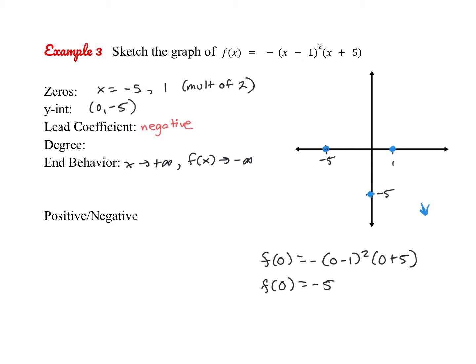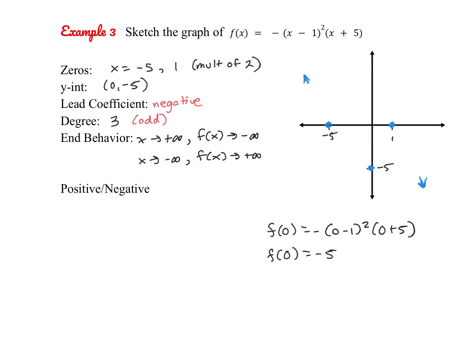We have 3 zeros. So we're going to say the degree is 3. So when our degree is odd, remember our end behavior is opposite. So as x approaches -infinity, f of x will approach positive infinity. So I'm going to draw a little arrow to remind me. So again, our end behavior is opposite because our degree is odd.